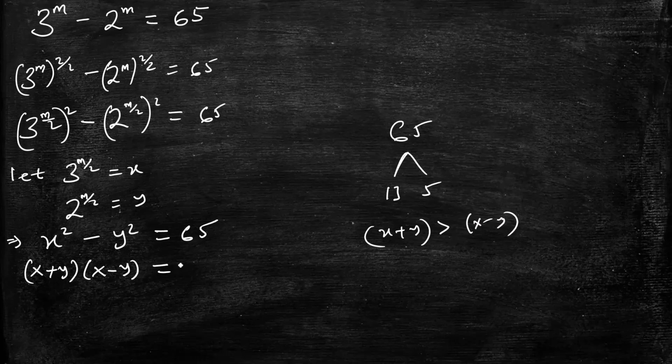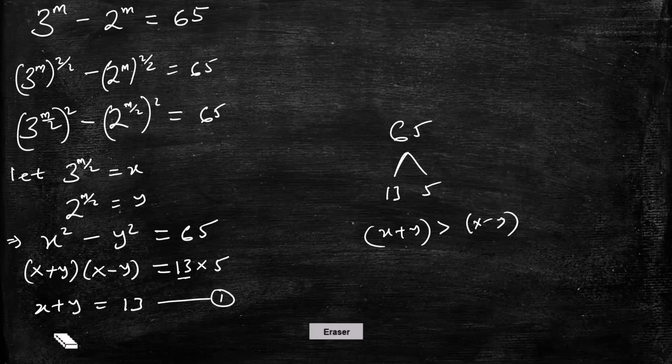So the 13 is equivalent to x plus y, then x minus y takes the 5. So we have x plus y equals 13, let's call it the first equation, then x minus y equals 5. As simple as that.